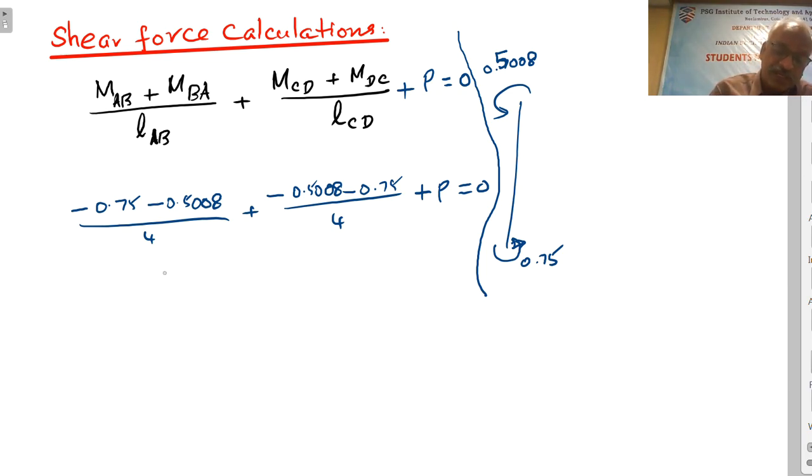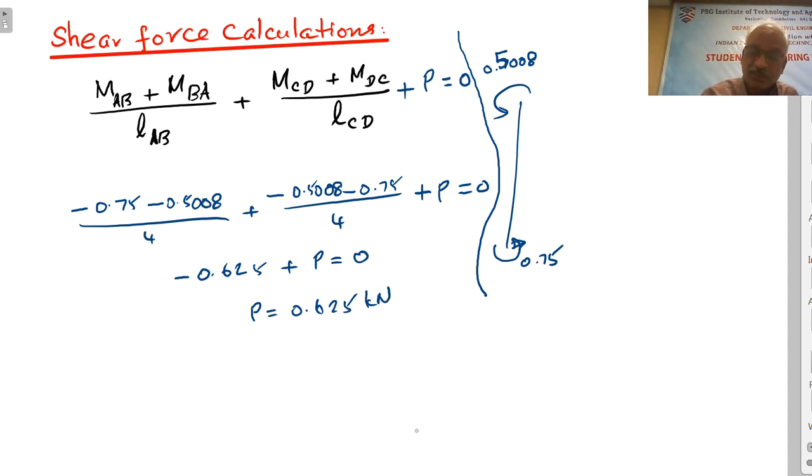Therefore P, so this is minus, therefore we will be getting 0.625. Both will be minus 0.625 plus P equal to 0, or P equal to 0.625 kilonewton.